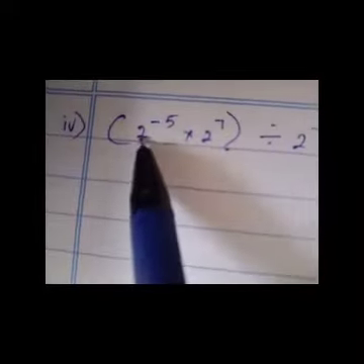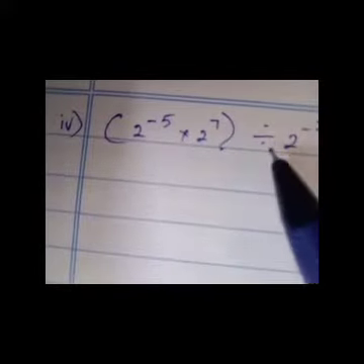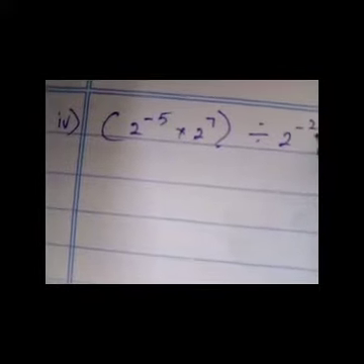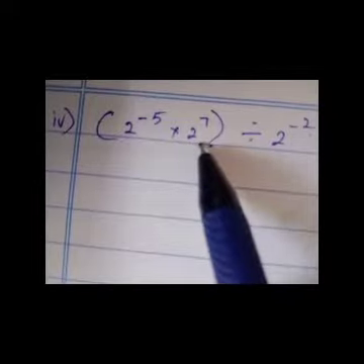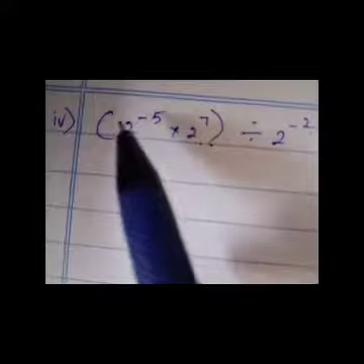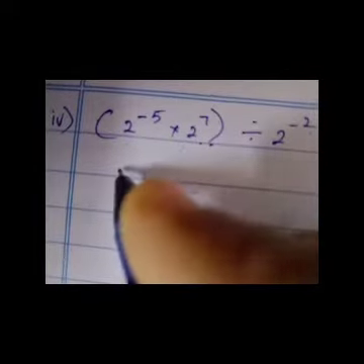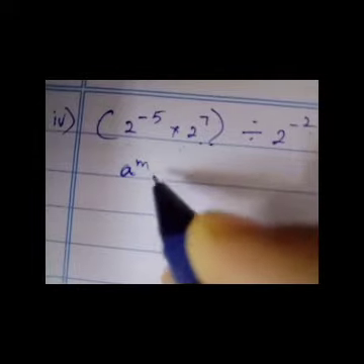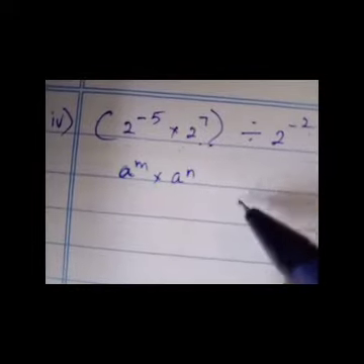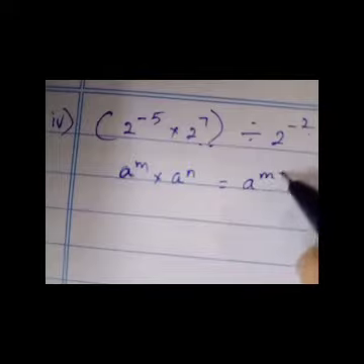Now your question is 2 power minus 5 into 2 power 7 divided by 2 power minus 2. Now first what you have to do? You always simplify the bracket and see in which rule the bracket is. As the bases are same and powers are different, it is in a product rule. That is a power m into a power n, which is equal to a power m plus n.